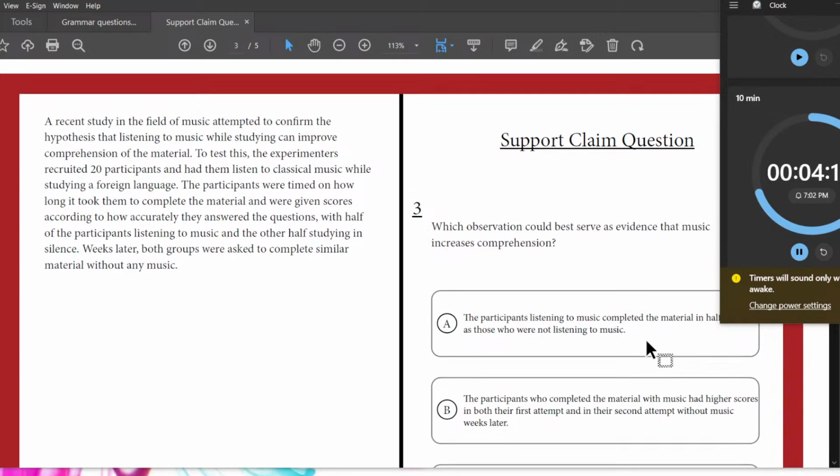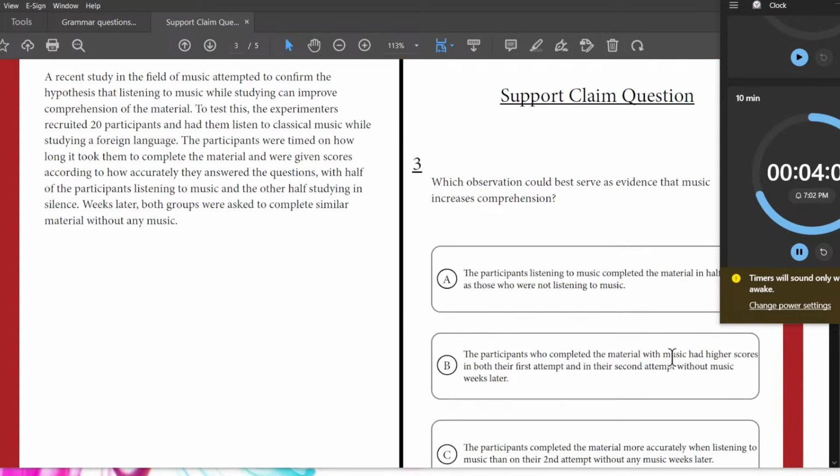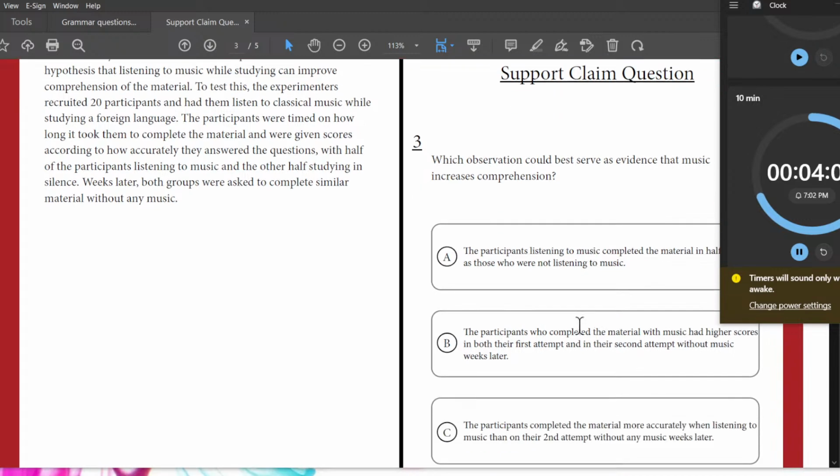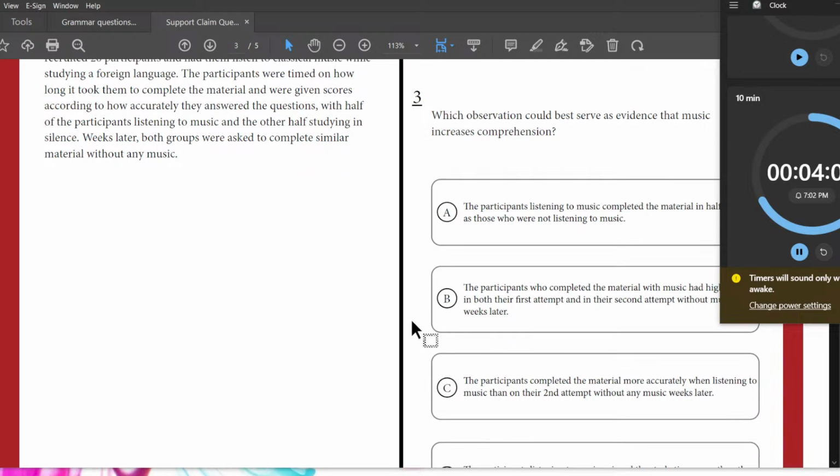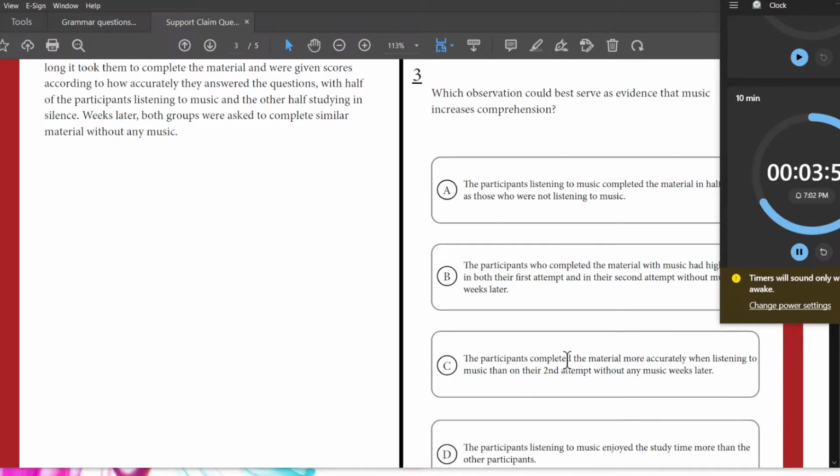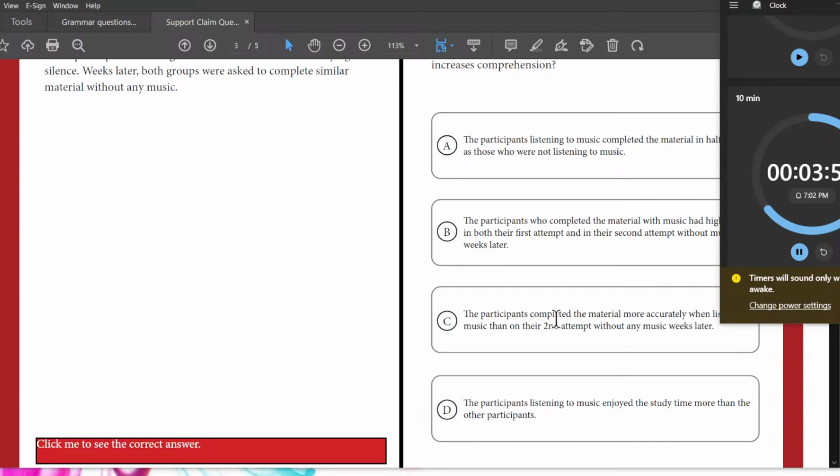Okay, the first one's not bad. Okay, this one's trickier.